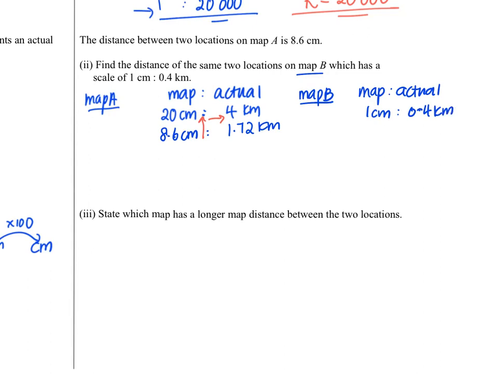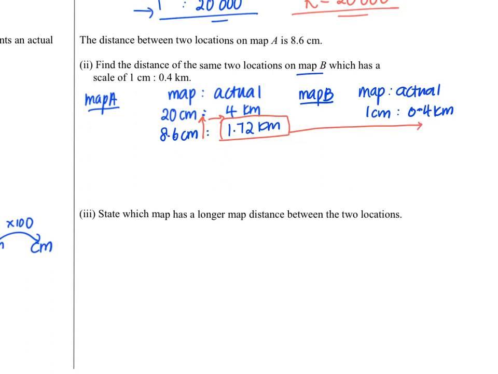Alright, so from this one we can see that I have 8.6, which is an actual distance of 1.72 kilometers. Now actual distance does not change because your actual fact is 1.72 kilometers, right? But when you draw on different maps, the map distance can change. So now what does it mean? It means that this actual distance stays the same in map B.